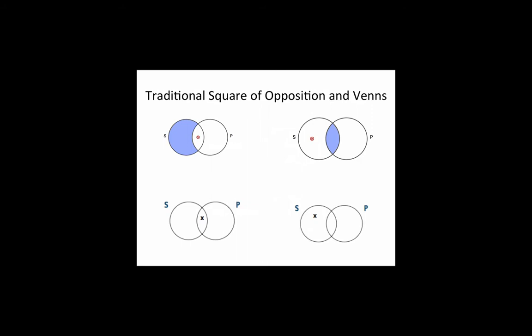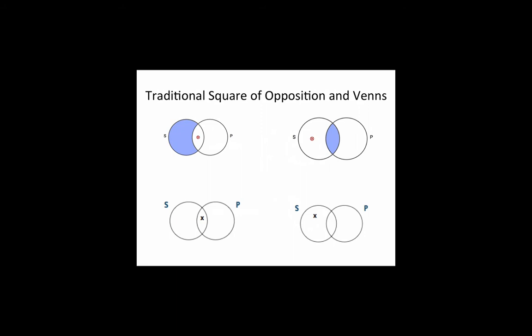Now take a look at the universal negative, the E claim. The E claim asserts that the area of overlap between S and P is empty. And if that's the case, there can't be an X in the area of overlap. Notice also, look at the O claim again.